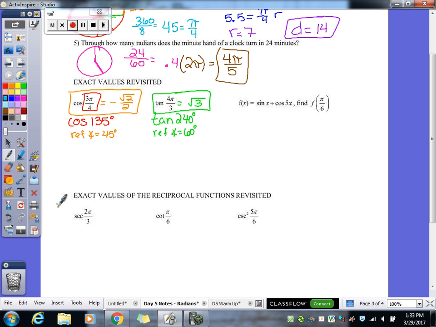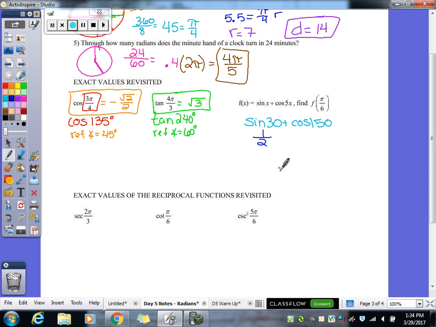So our next one, pi over 6 is what? 30. So this would be the sine of 30 plus the cosine of 5 times 30, which would be 150. So what is our sine of 30? One half.